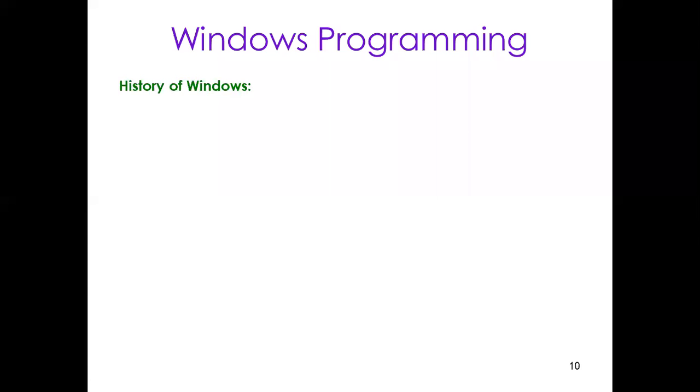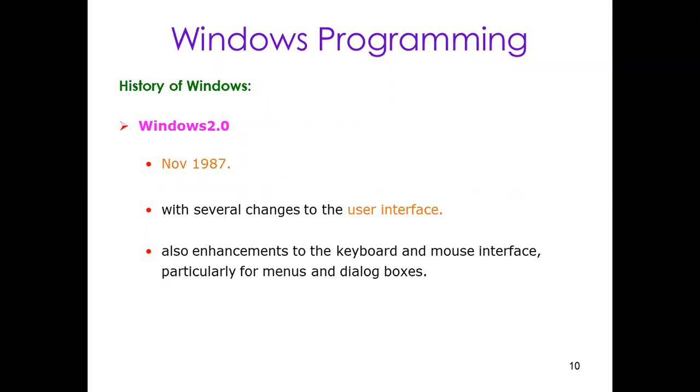So the next version of Windows is Windows 2.0, which was designed in the year 1987. So what are the advantages over here? Now there are several changes in the user interface.